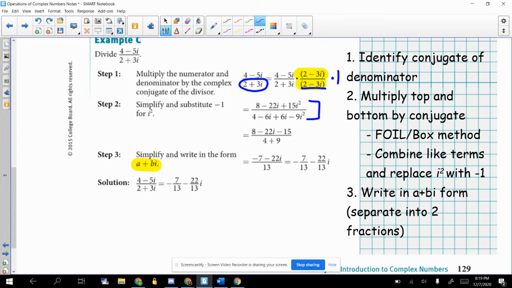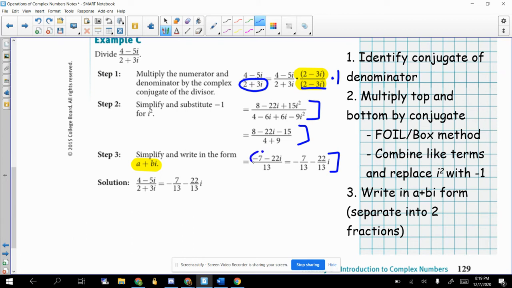And then you're just going to go ahead and combine like terms and replace any i squareds with -1. So that's what they did here. And then your last step is that you're going to rewrite it in the form a plus bi. So we're going to separate it into 2 fractions and write it as a plus bi.